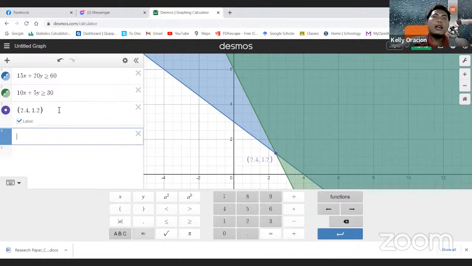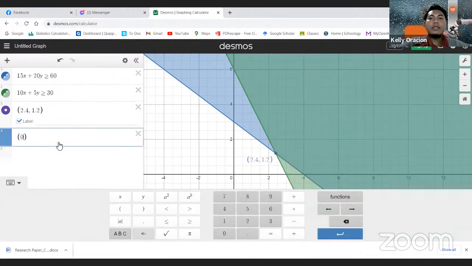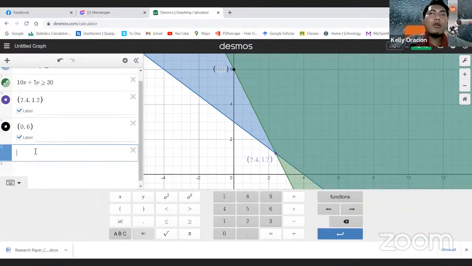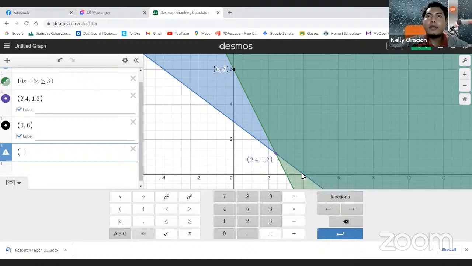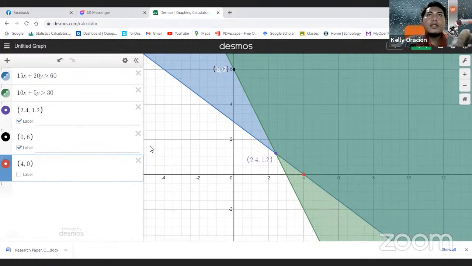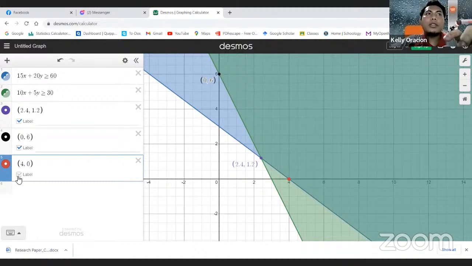Then, yung constraints natin ito, the 0, 6. At saka, let's have the corner points. The 3 corner points, we have this one, 4, 0. So, kung makita yung points nyo dyan, ito yung mga corner points natin.